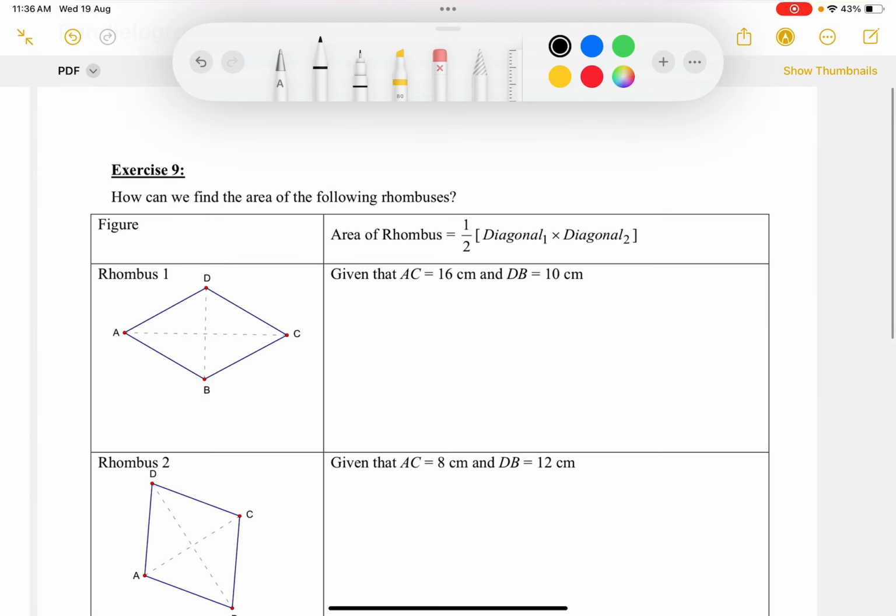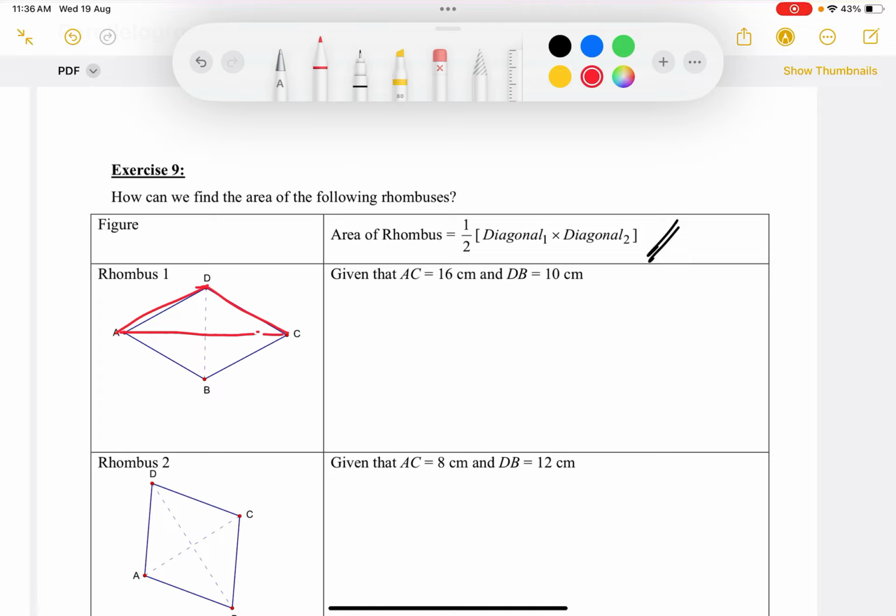Okay, so now let's see if there is another way to find the area of a rhombus. The answer is here. Turns out it is half of the length of the first diagonal times the length of the second diagonal. Let's see why this works. Rhombus number 1. Let us try to cut this rhombus into 2 triangles.